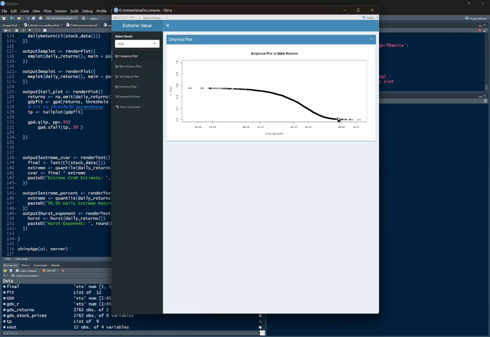I won't go into it in too much detail, except that's the plot. That's the extreme tail out there. It's empirically fit. That's the tail, and here I'll go into more detail about this.